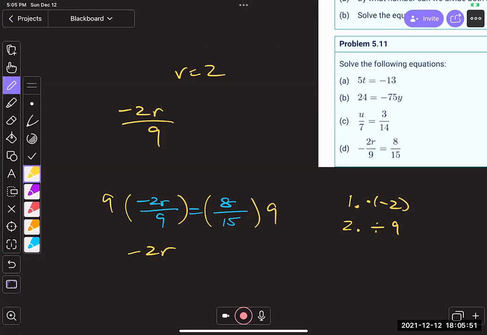Yeah. So what does the right side get us then? I'm not sure. You're not sure? How do we multiply fractions? We learned about multiplying fractions back in chapter 4.2.